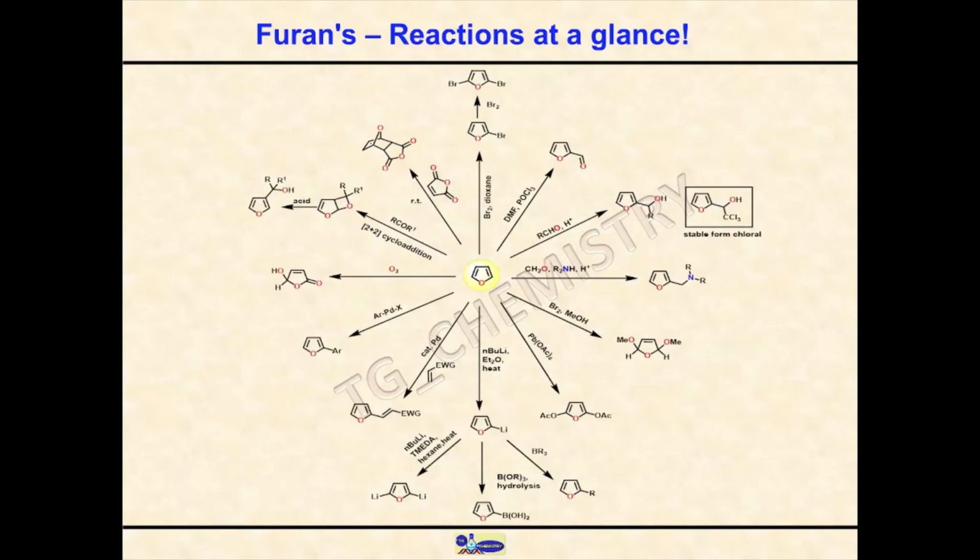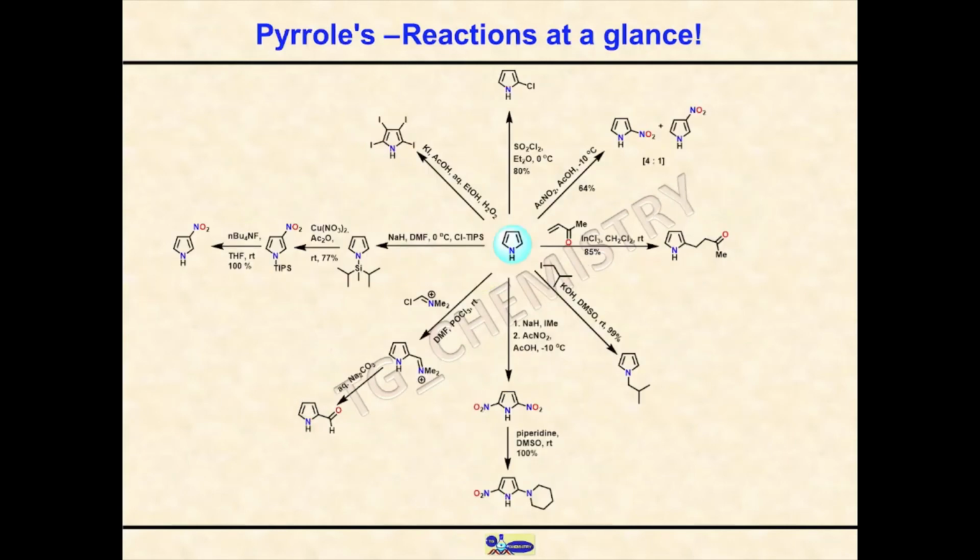Different reactions, it can be the Diels-Alder reaction, the arylation at the 2 position, the hydroxylation, acetylation, formylation and bromination, and different kinds of cycloaddition reactions. So all these are shown here in a single slide. This might be useful for you if you want to see the reactions of furans.